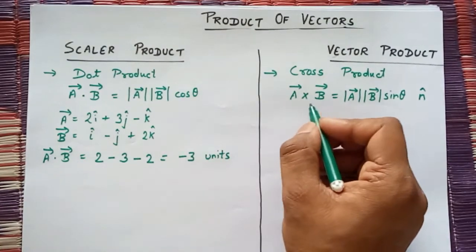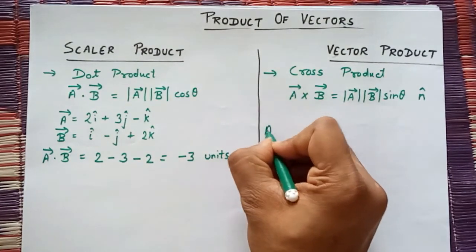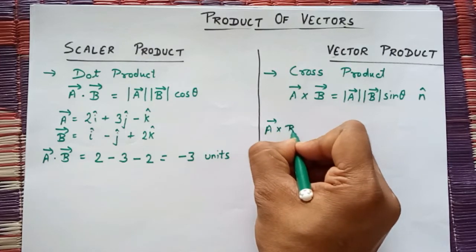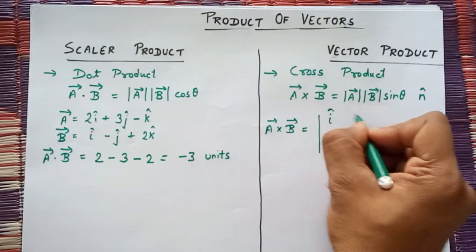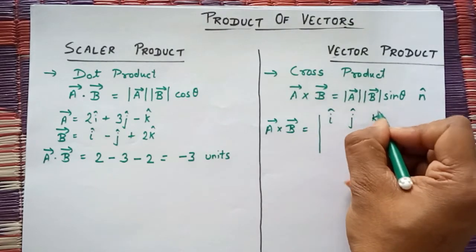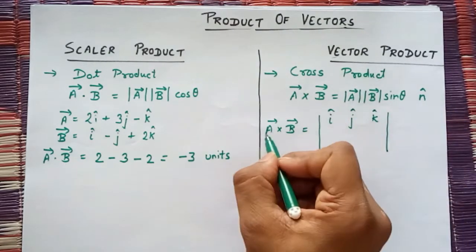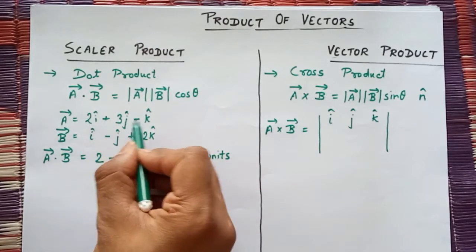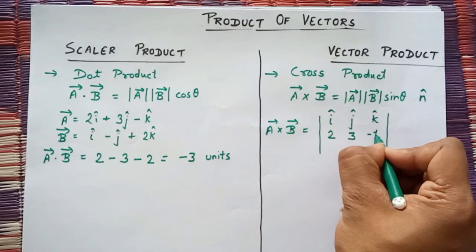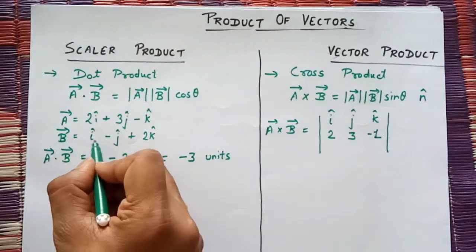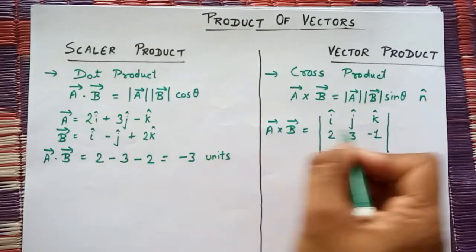And for cross product we will use the determinant method, A cross B. The first row is i cap, j cap, k cap. For A vector it is 2, 3 and minus 1, so I am writing here 2, 3, minus 1. And for B vector it is 1, minus 1 and 2.